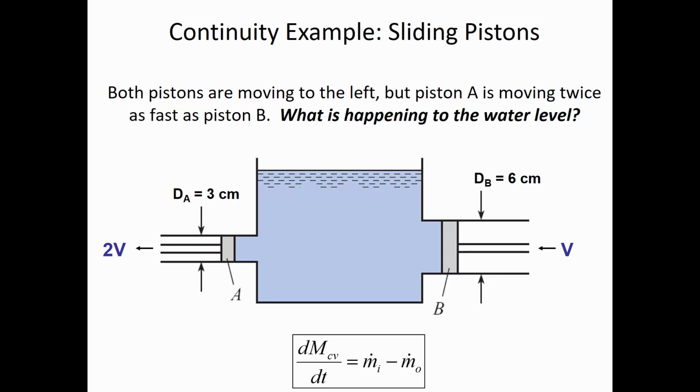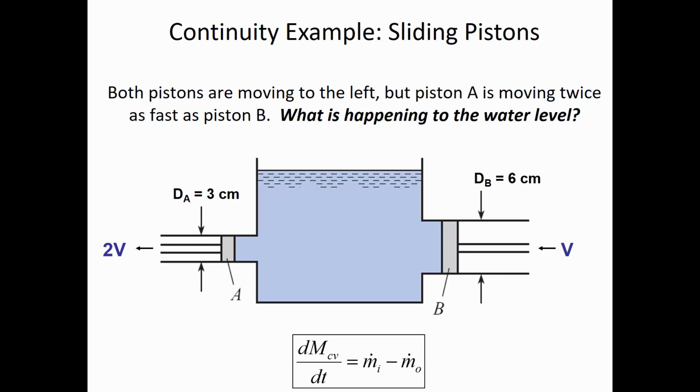Flow out, Q out is going to be V out times the area at A. So the V out is 2V, and the cross-sectional area is 7.069 centimeters squared. So that's 14.138 times V.